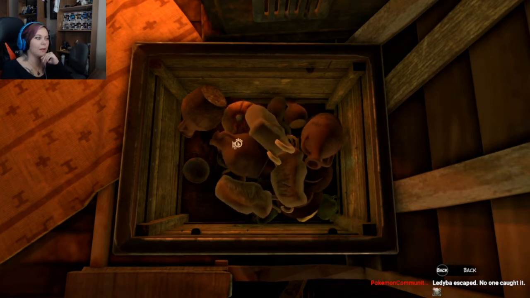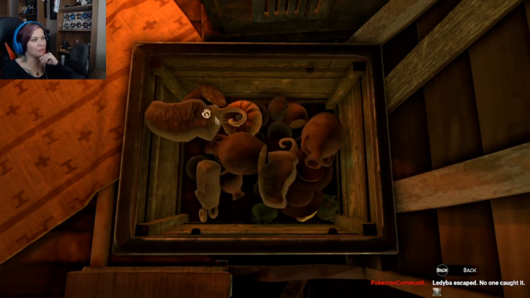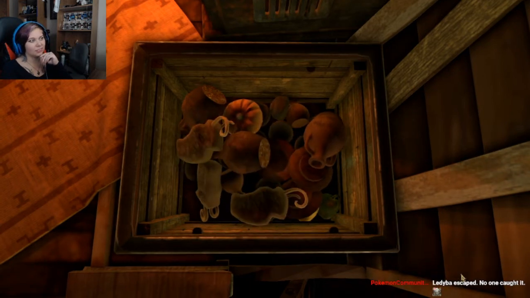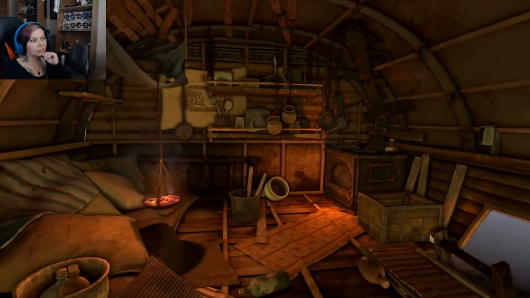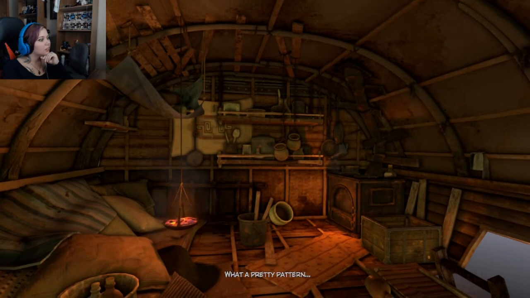Oh, it's a little mammoth! There's a couple of them. What a pretty pattern.